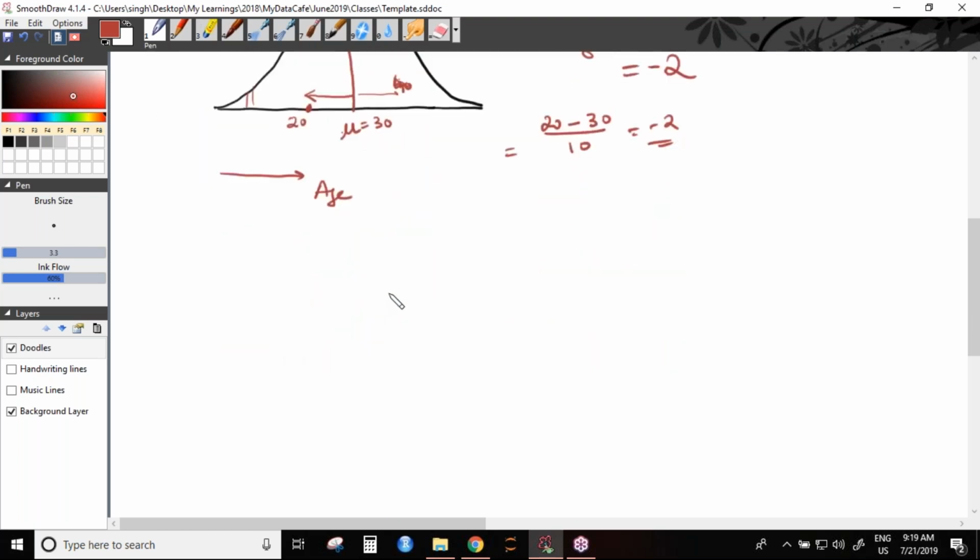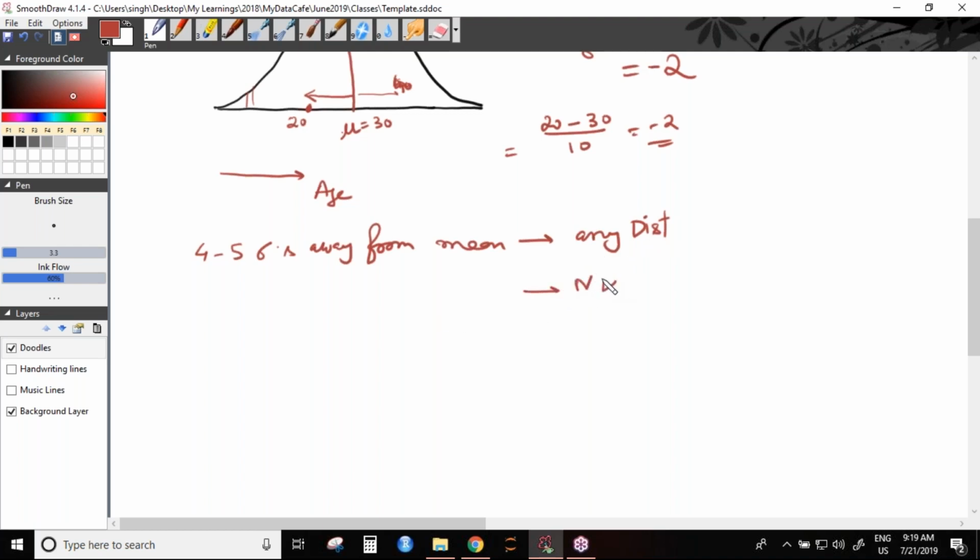No matter what kind of distribution you have, your entire data will be within a few standard deviations away from the mean, maybe 4 or 5 sigmas away from the mean. This is true for any distribution.